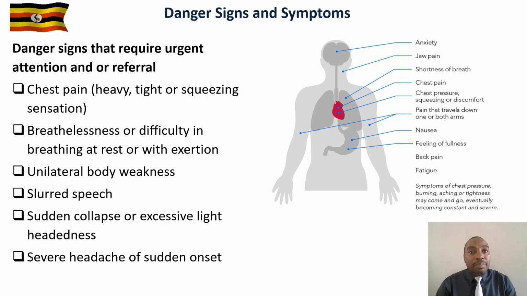Danger signs, I talked about what hypertension does. Now, sometimes when somebody is going into a complication of hypertension, maybe they're getting a stroke, they're getting a heart attack, or their eyes are going to be affected, they're getting the symptoms of complicated hypertension with end organ damage. There are some symptoms we can look out for. Someone with a heart attack or who's getting a heart attack will complain of chest pain, heavy, tight squeezing chest pain.